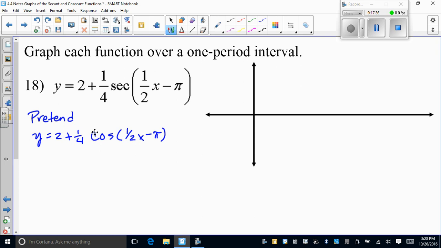This one has everything on it. Okay, A equals 1/4. B equals 1/2. So the period is 2 pi over 1 divided by 1/2, which gives us 4 pi.